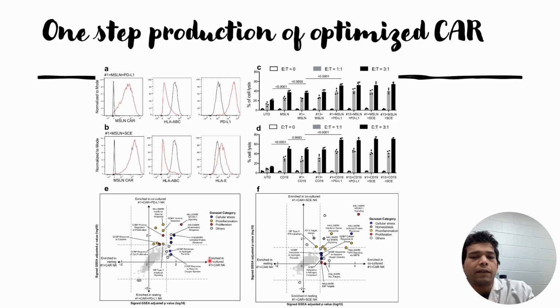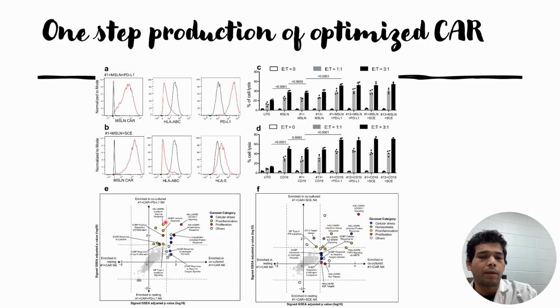And thereafter, when they check the results of the CAR NK along with either exogenous PD-L1 or exogenous SCE overexpression, they are able to see that those cell stress pathways are suppressed, and at the same time the cell cytotoxicity pathways are upregulated.